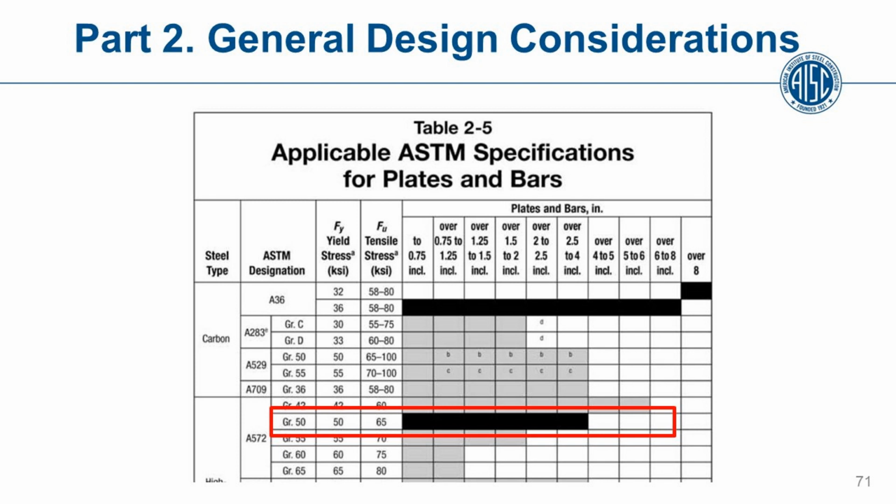So it doesn't mean that grade B is more expensive. It just means that you were getting grade C, the stronger material, without taking advantage of the higher yield stress for the material.